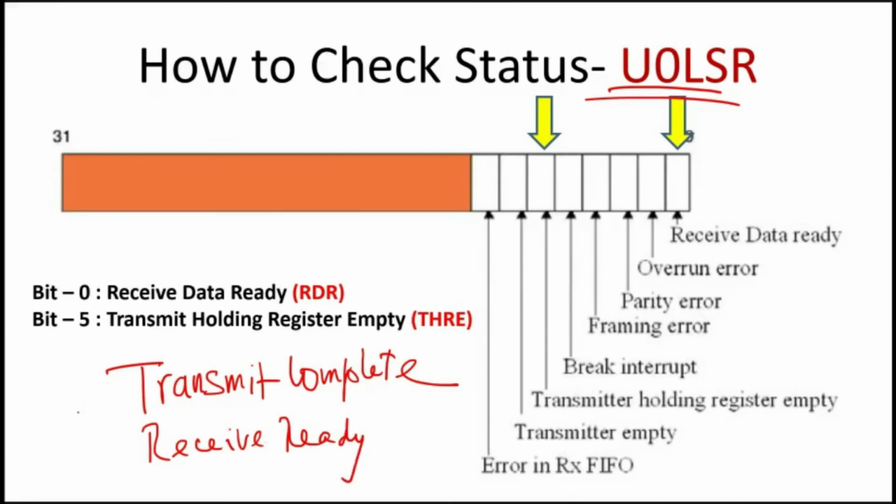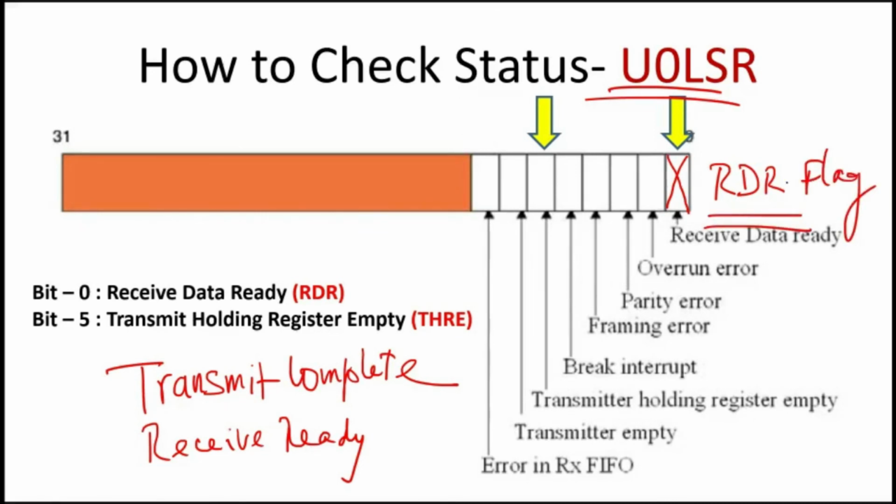What does transmit complete mean? Whatever data I put into the transmit holding register, whether it is successfully transmitted, or whether somebody else has given me data which is ready for me to take. So there are two flags, which are equivalent to the transmit interrupt and receive interrupt flags of 8051. The very first bit of the status register is the receive data ready flag.